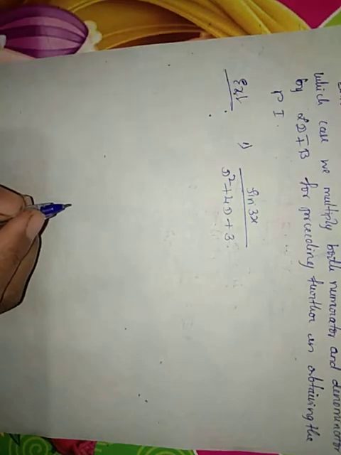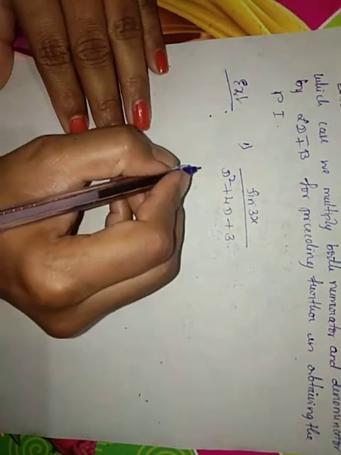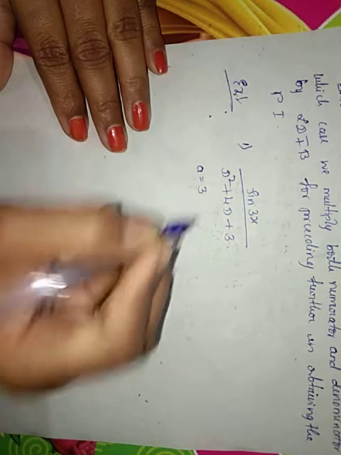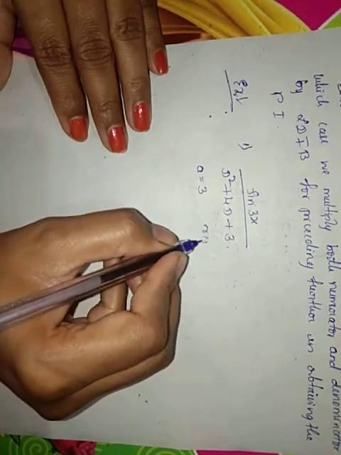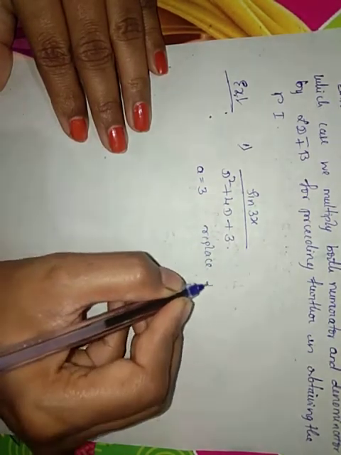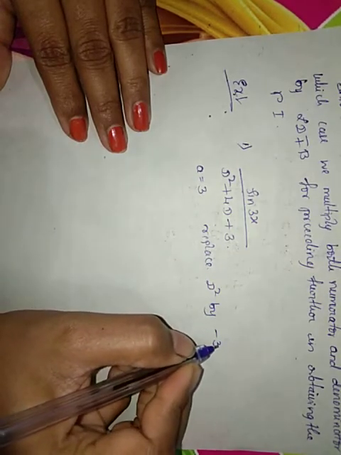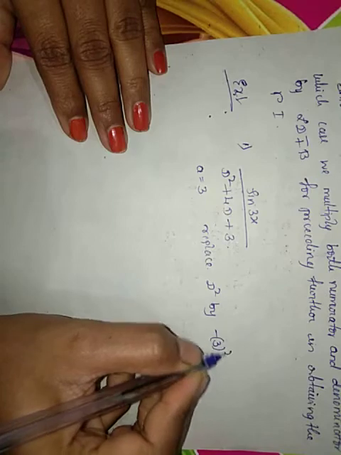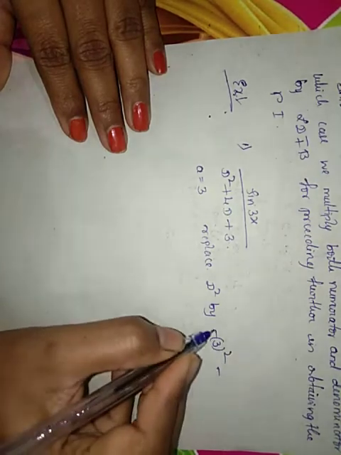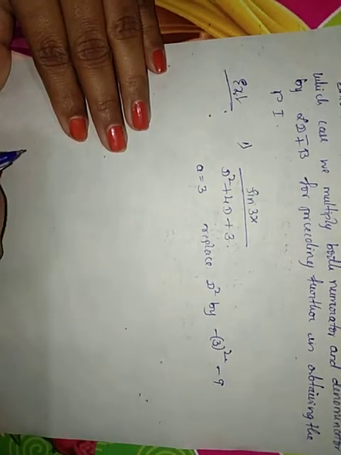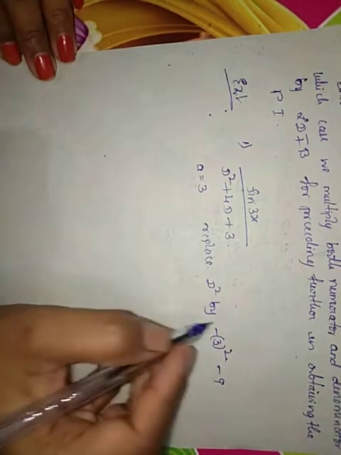First we have to identify the a. Here a is equal to 3. Replace D squared by minus a squared. Minus 3 squared is minus 9.